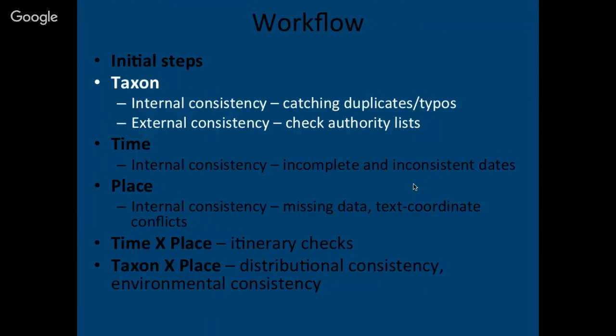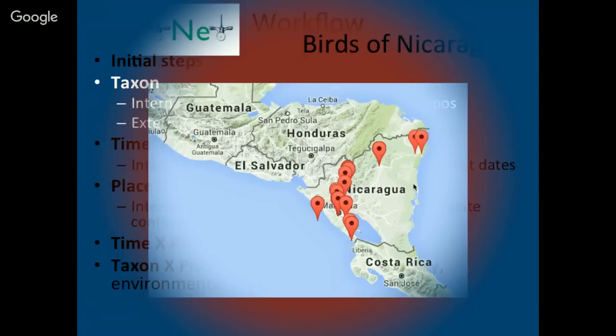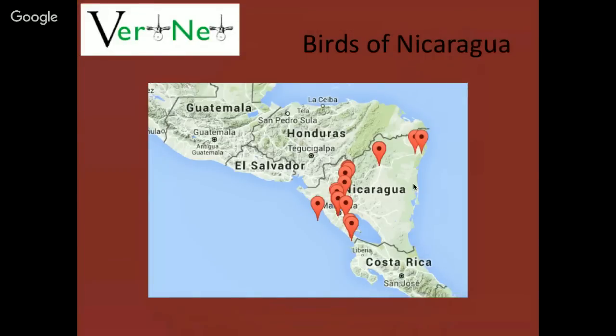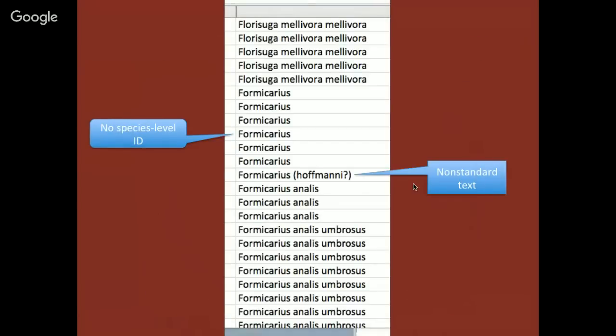Now let's talk about taxon. And again, these are simple checks, and I'm not showing you any of the technology that could be used to this end. For example, I downloaded from VertNet data on the birds of Nicaragua, and I got a bunch of dots on the map. But let's just look at the list of species, okay?